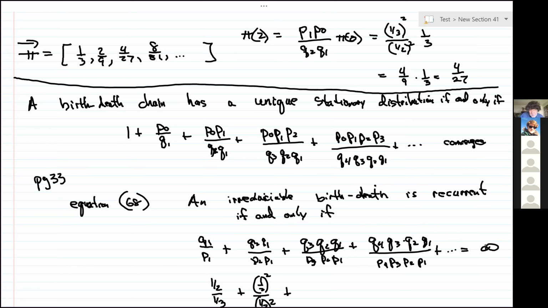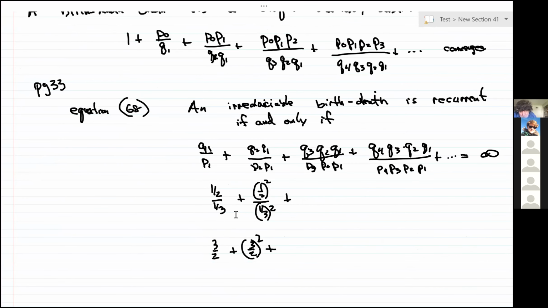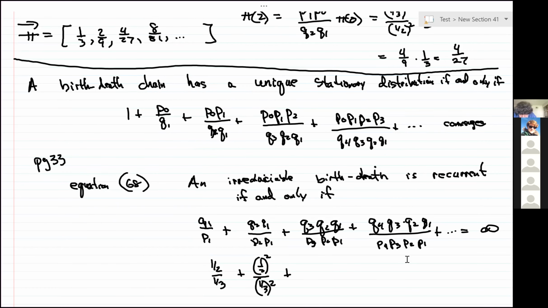So from equation 68 in chapter 1, the birth-death chain is recurrent if and only if this thing goes off to infinity. And it's doing that, right? Because it looks like a geometric series that's getting bigger and bigger and bigger. So by this result in chapter 1, this thing diverges to infinity. That means this is a recurrent chain.